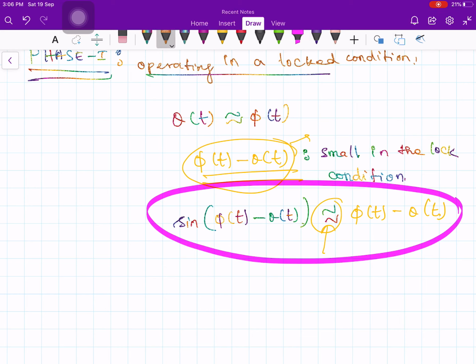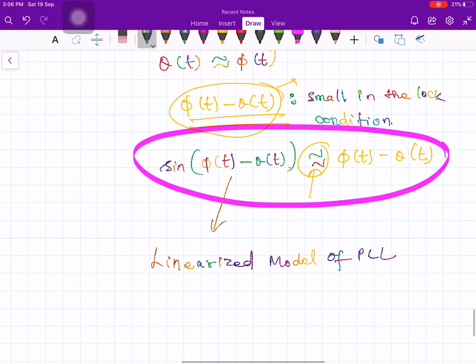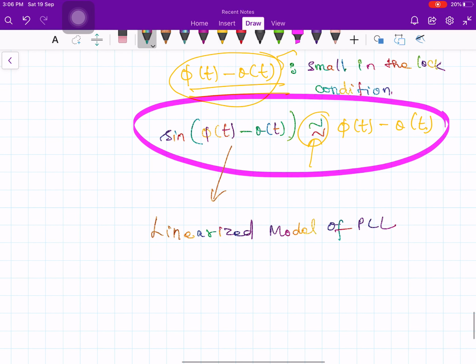So if this condition holds, then you'll get a linearized PLL. And once you have this, of course, I think you haven't yet gone through the course on control systems. I don't know. It doesn't matter.